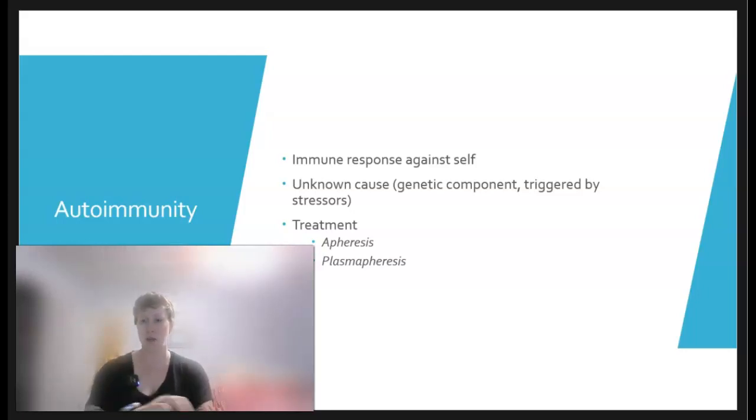So we're not taking the blood out and then it clots and we're giving clotted blood back. When we take the blood out, it's mixed with citrate to prevent it from clotting so that it can eventually go back into the body. But citrate loves calcium, and so it can pull all the calcium out of the blood so the patients can get hypocalcemic with plasmapheresis. So like we talked about in fluids and electrolytes, we're watching for those signs and symptoms of hypocalcemia with these patients, as well as hypotension.